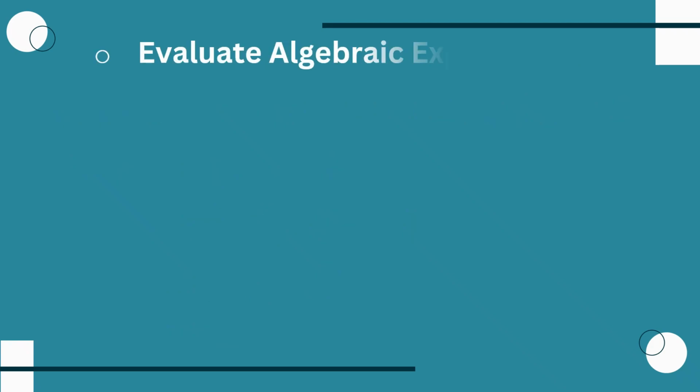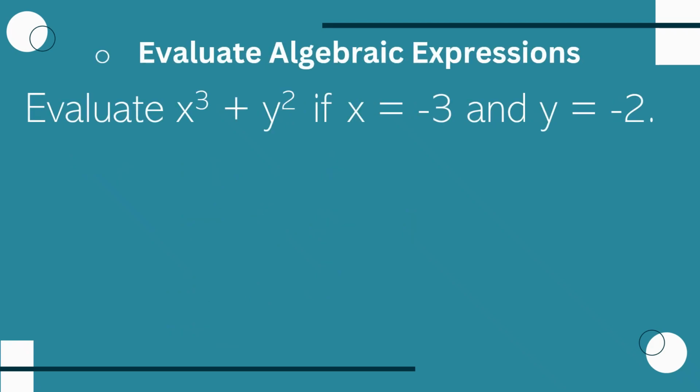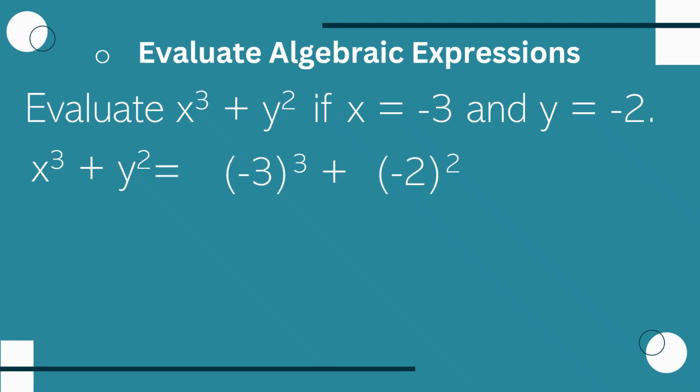Okay, another example. Evaluate x cubed plus y squared if x is equal to negative 3 and y is equal to negative 2. So let's substitute the values of x and y into our expression. So we have the quantity of negative 3 raised to the exponent of 3 plus the quantity of negative 2 raised to the exponent of 2.